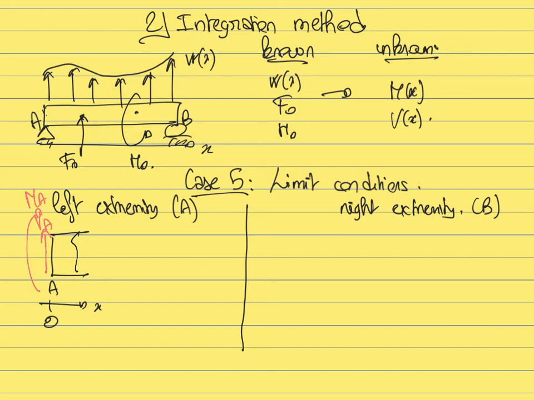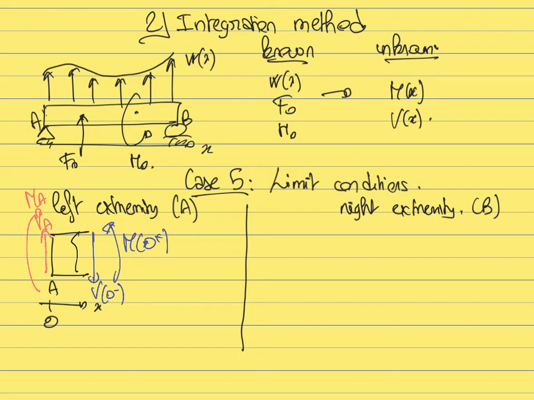I look at the value of the internal shear and internal moment at x equals 0, but coming from the right, so I define the internal shear at 0 plus and the internal moment at 0 plus. What I want to know is the relationship between the external forces and external moment applied at the edges and the value of the internal shear and internal moment in the beam.